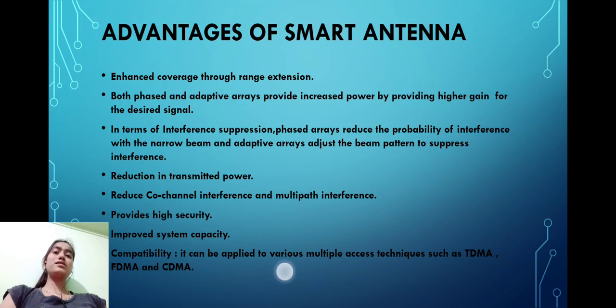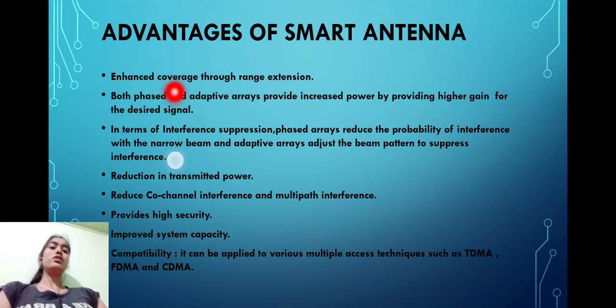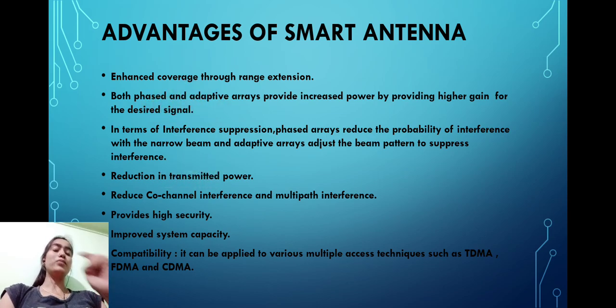Okay, next comes the advantages. Enhanced coverage through range extension. Coverage means the distance over which the base station and the mobile unit can communicate. It is required to enhance the coverage, and this can be achieved by using a smart antenna because it has a narrow beam, so its beam width will be very small, the directivity will be large, and the distance covered will be large.